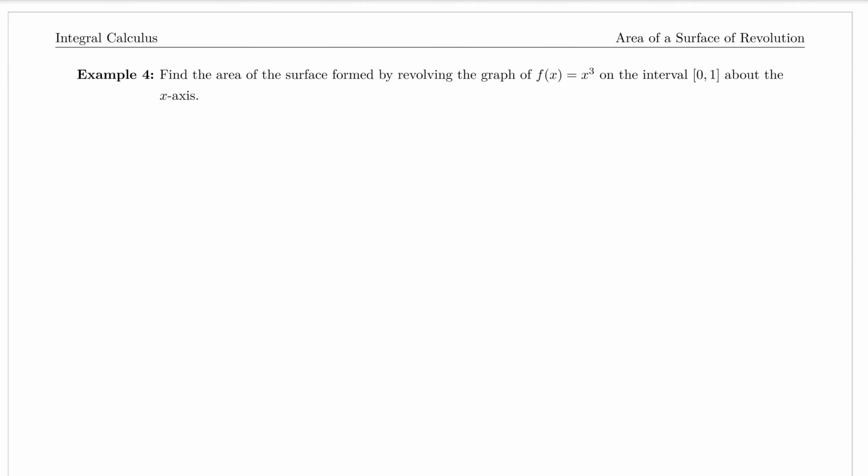I'm going to go ahead and set up my integral. We have s is equal to the integral from 0 to 1. We are rotating about the x-axis, so I'm going to put 2 pi y, but we're going to be integrating with respect to x. So instead of y, I'm going to replace it with x cubed.